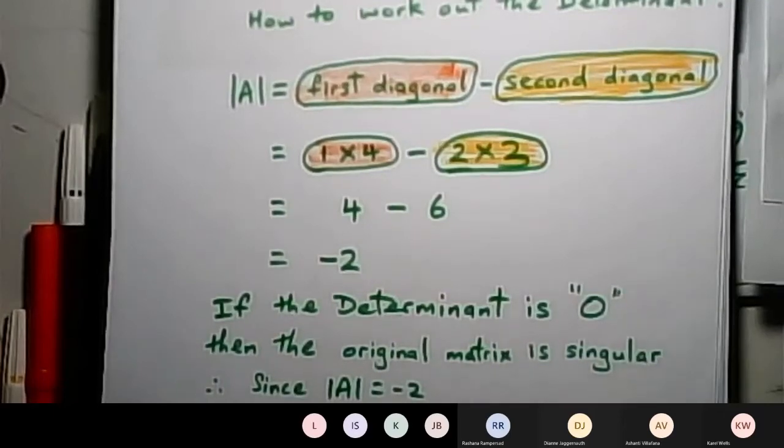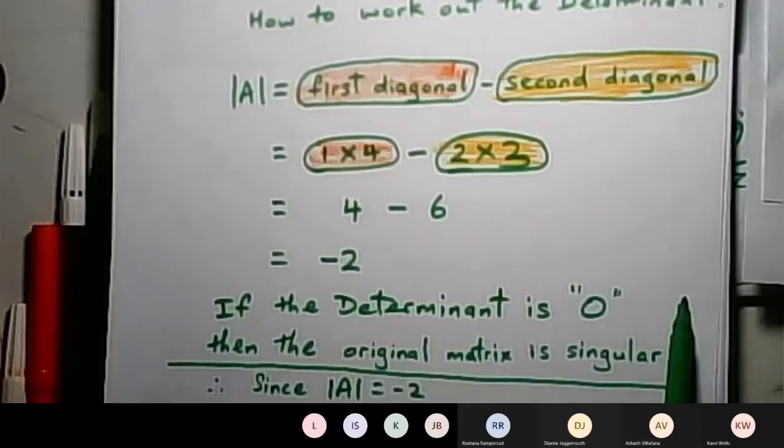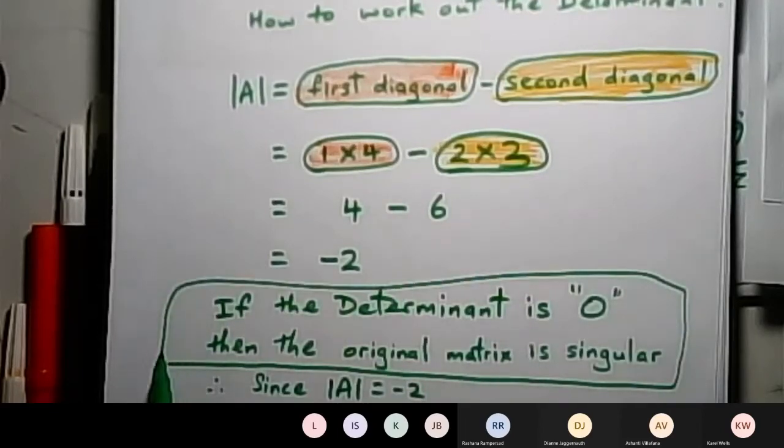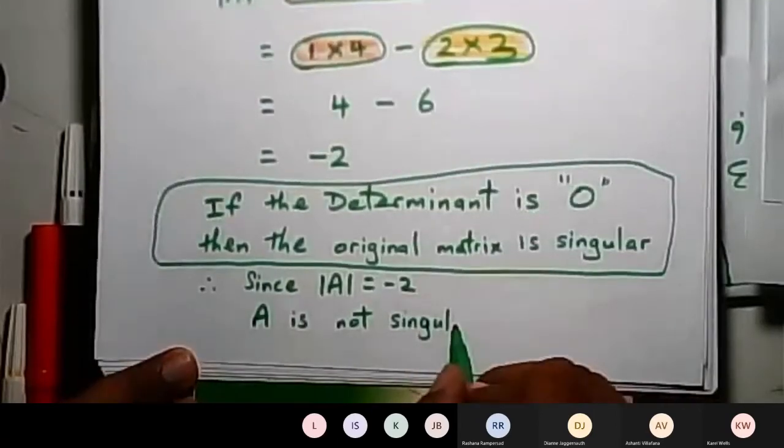Let's look at this rule. If it has 0, it's single. It's not single. Very good. It is not single. We use the word singular. It is not singular. I'm going to try and write that so you can see it.